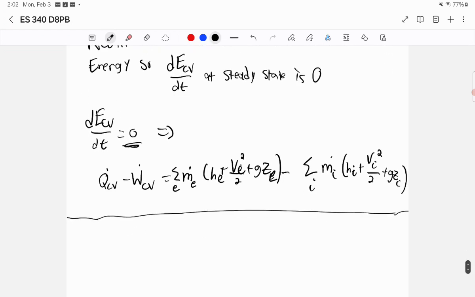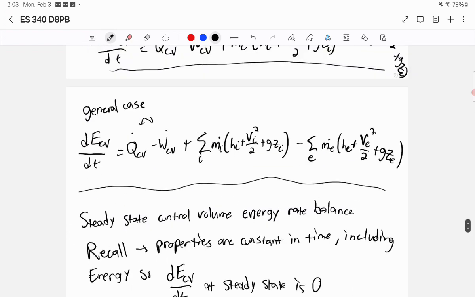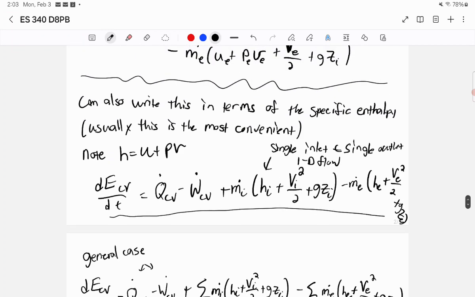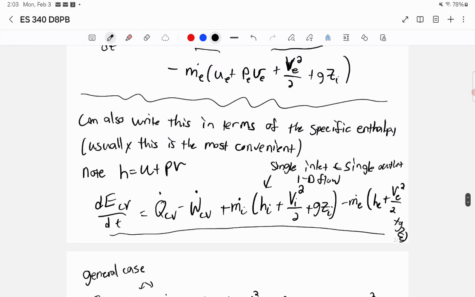What we're going to do in the next set of lectures, which will be short, is discuss a variety of different cases: nozzles and diffusers, turbines, compressors, and other special cases, and how we can deal with the energy rate balance equation in those circumstances.